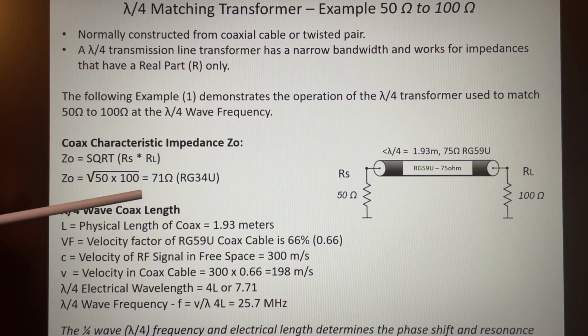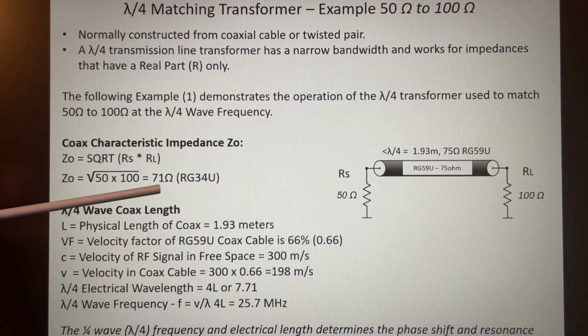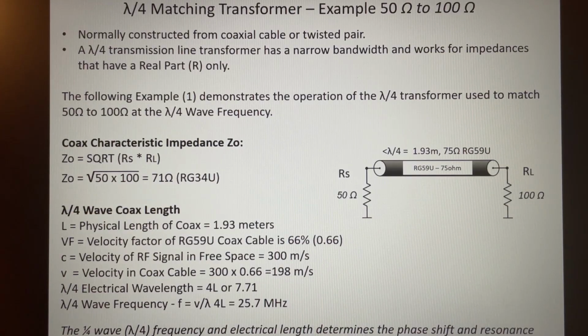So this is the exact same calculation we've been doing in the spreadsheet. I just broke it out here in the slide. So I need to know two things. I need to know what characteristic impedance I should use for the coax cable. That's a pretty simple formula based on RS and RL, and I should know the quarter wave frequency.